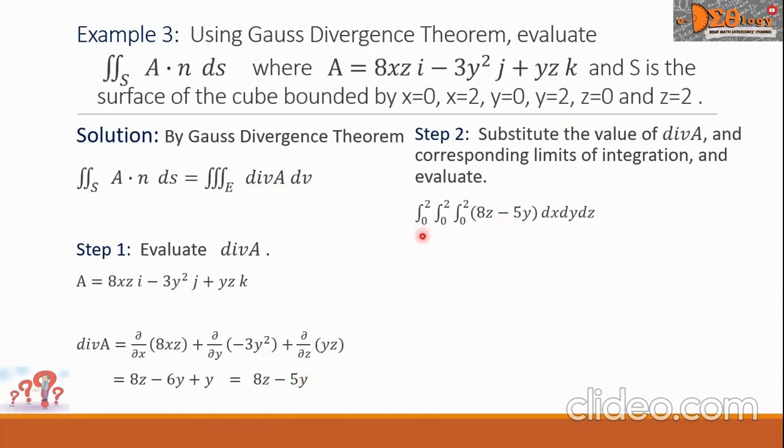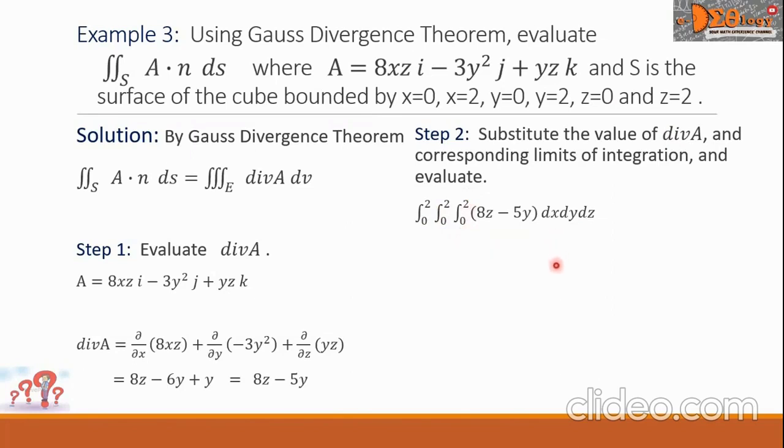For the first integral here, we write from 0 to 2, and this is with respect to the limits of z. The second integral, the limits are from 0 to 2, and this is with respect to y. And the innermost integral is from 0 to 2, and this is with respect to dx.